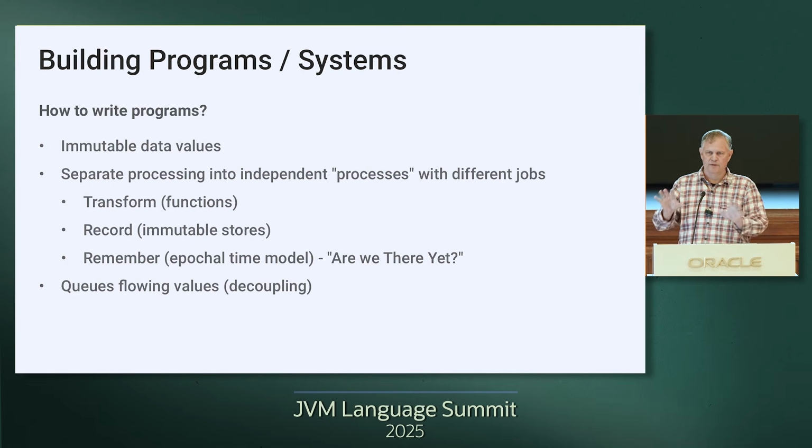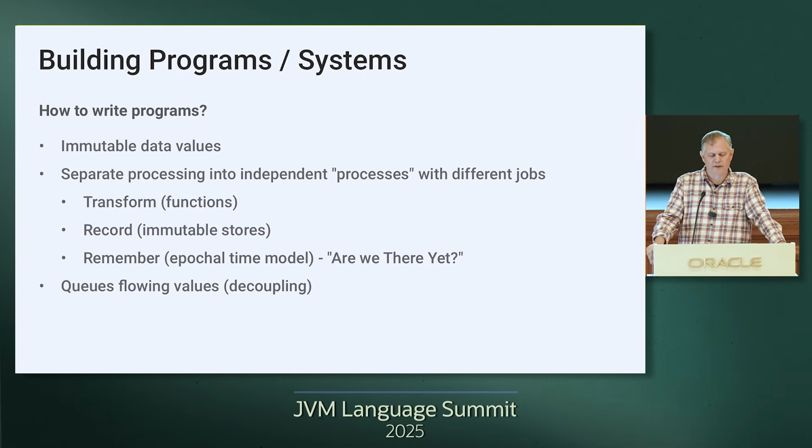We need to transform data from one thing into another, so functions are a good solution for that. We need to record data, so we tend to focus more on immutable stores. Datomic is the one that Rich designed, but there are several other ones that people use in Clojure and other tools out there. Things like S3 is another immutable store.